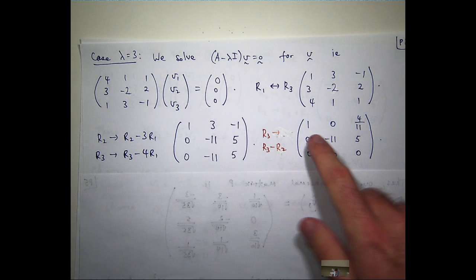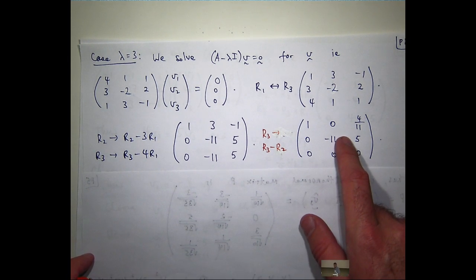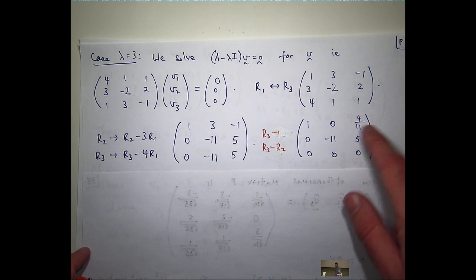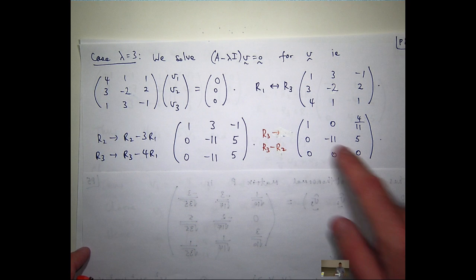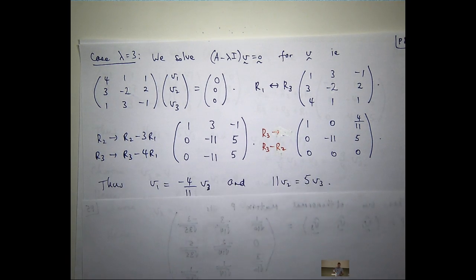Okay, well, up the top, I've got some information. Down in the middle, I've got some information. I know V1 equals negative 4 on 11 V3, and 11 V2 is going to be 5 V3. So I've got those. Let's see if we can find V1, V2, V3.